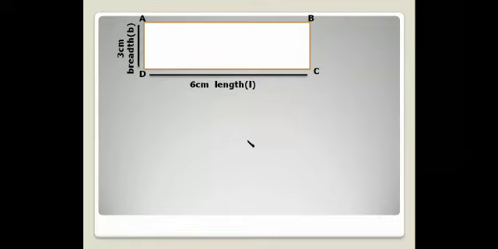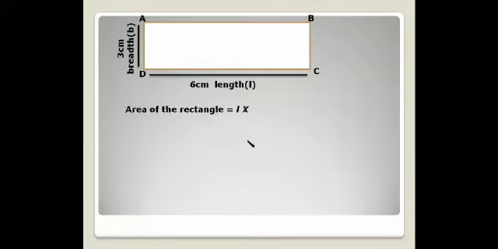Now that is DC is 6 centimeters. So AB is also 6 centimeters because they are opposite and they are equal in length. And here AD is 3 centimeters. So BC also will be 3 centimeters because it is opposite. Opposite sides are equal in a rectangle.